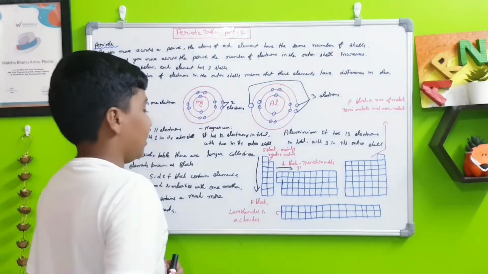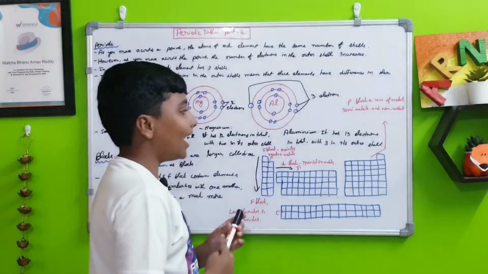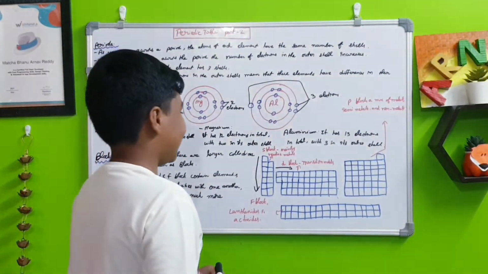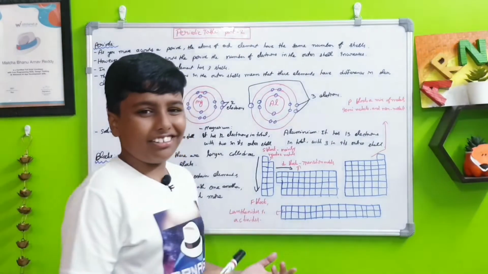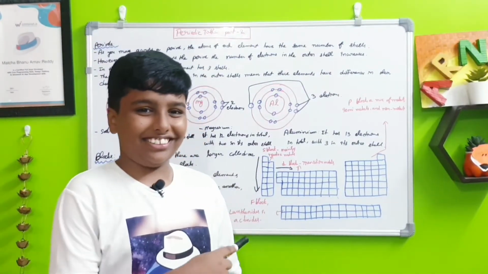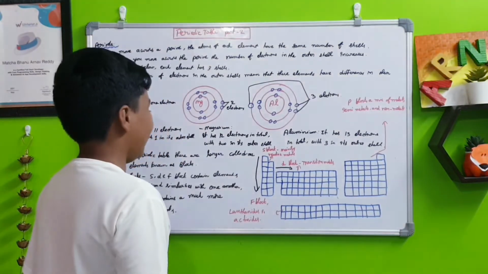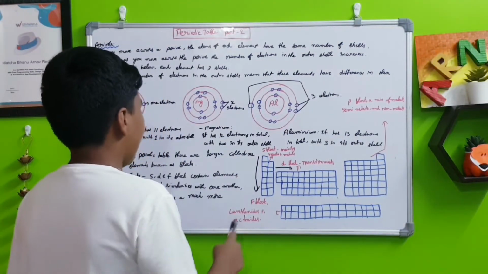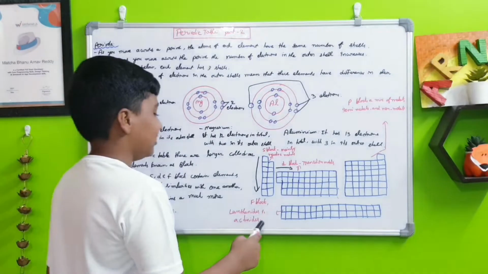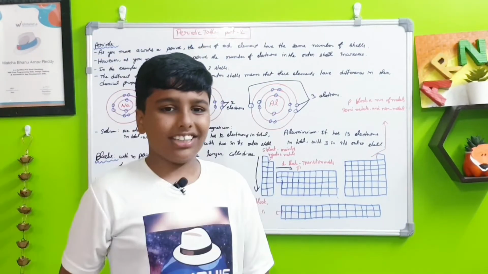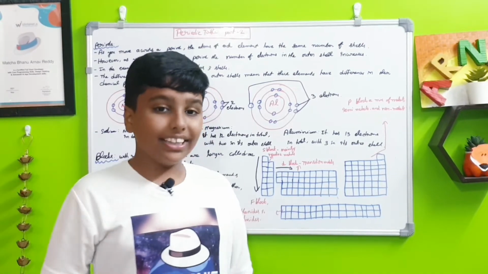In the S block, they are mainly reactive metals, but not all of them are metals. Hydrogen is also in this block, which is not a metal but is highly reactive. And finally the F block, the lanthanides and actinides, which are mostly radioactive. That is the common thing between them.